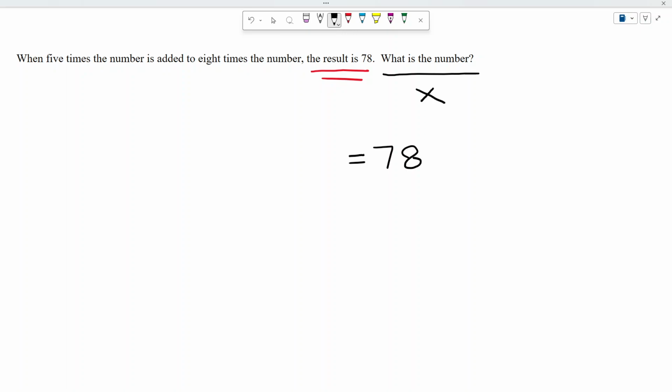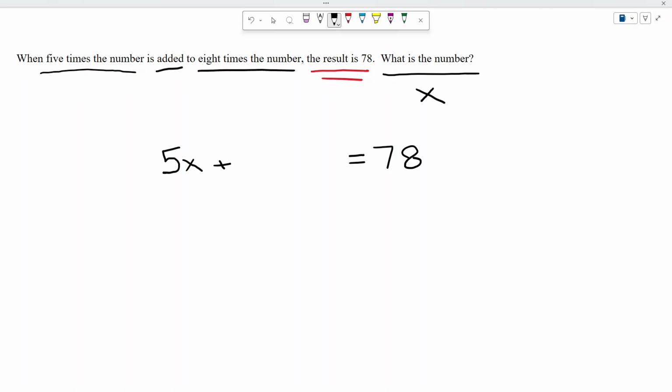All right, now let's fill out the left side of the equation. Let's start with the front half: 5 times the number. We're saying the mystery number is x, so put a 5 out front: 5x is added to 8 times the number.